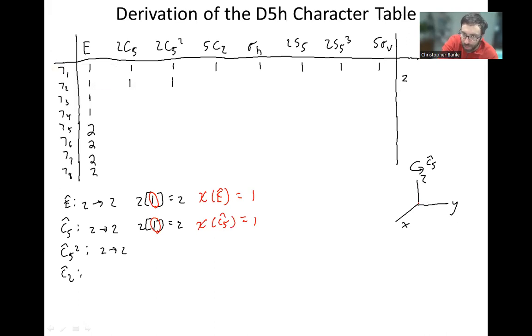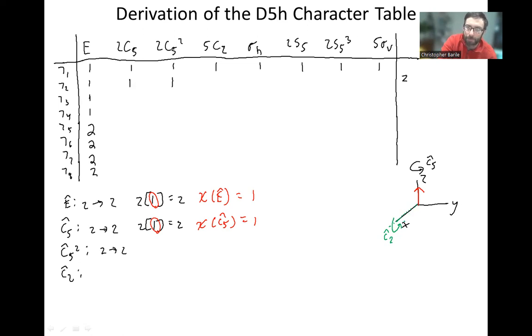And so again, we're thinking about one of the C2s, one of the 5 C2s. Again, we're thinking about this z vector and how it transforms. And so if we just define one of those C2s as being coincident with the x-axis, then it's quite easy to visualize what happens when we do a C2.